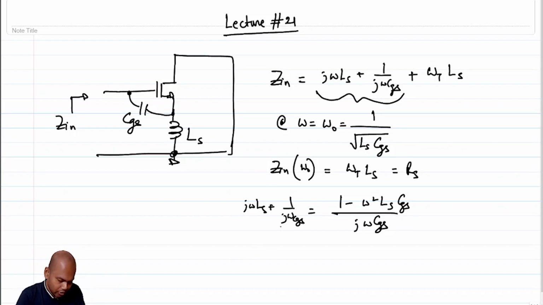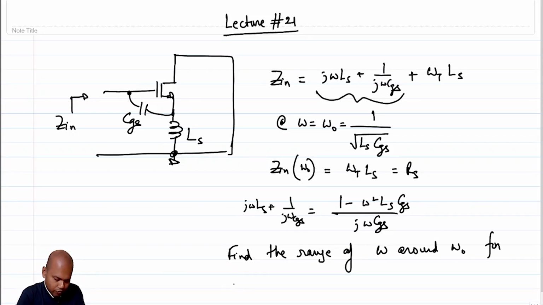Find the range of omega around omega naught for which S11 is less than minus 10 dB.